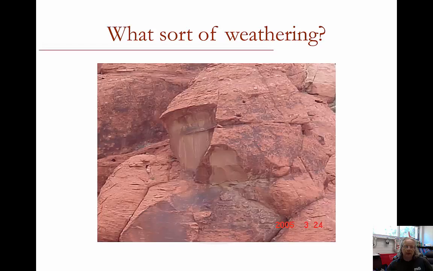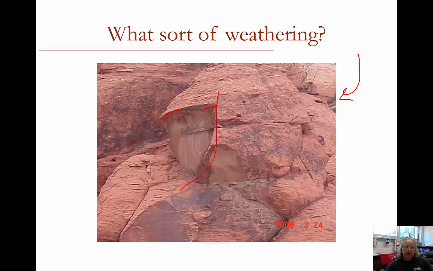So what kind of weathering do you see here? Well, you see that there are two things going on. There's chemical weathering, and we're going to see oxidation. You can see the rustiness. But you also see that there was a break in the rock here, and a big chunk came off.